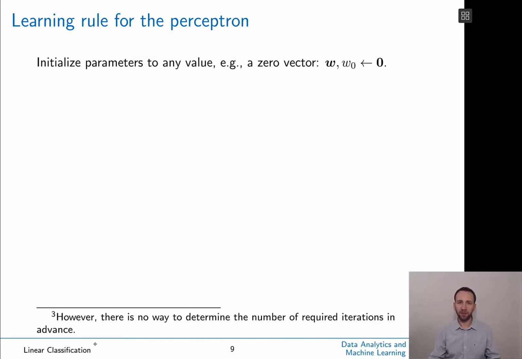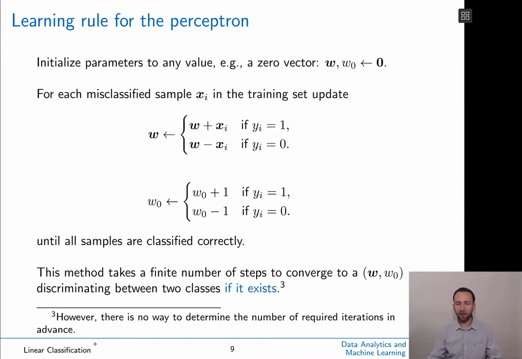Okay, so how can we learn such a perceptron? In the first step, we can randomly initialize our weights and bias terms, for example, initializing them with 0. And then we simply follow a very simple update rule. We go through our data and see which samples are already correctly classified. These we can ignore for a second. But there might be some which are still misclassified.